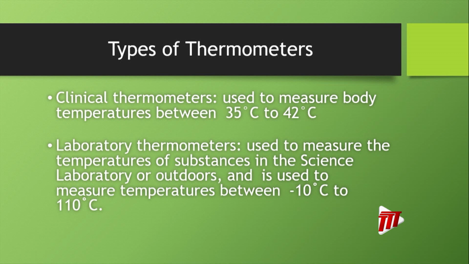So that's 10 degrees Celsius colder than ice. Water freezes into ice, that's how cold, up to 110 degrees Celsius on the hot side. So a laboratory thermometer could give a wide range of temperatures for whatever we need to measure.